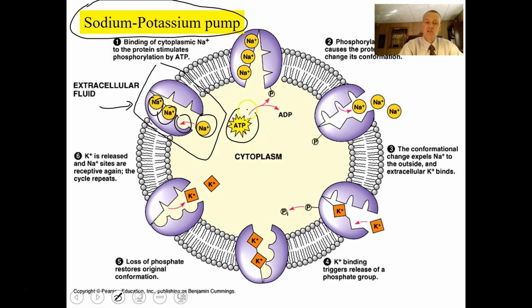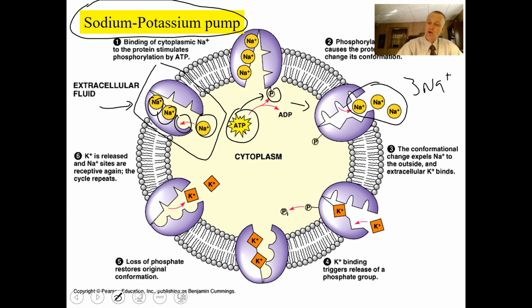And because ATP joins with this protein, it actually changes the shape of the protein. That energy, when it drops a phosphate group off, changes the shape of the protein. And so we can see the protein change its shape, and it dumps the sodium out. So 3 sodium were taken from the inside, and 3 sodium were dropped to the outside.